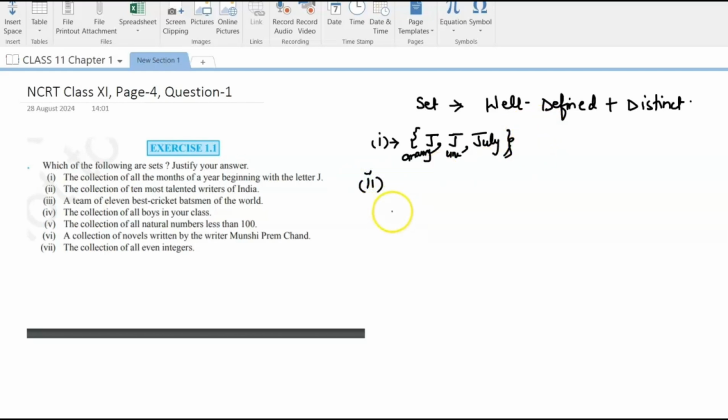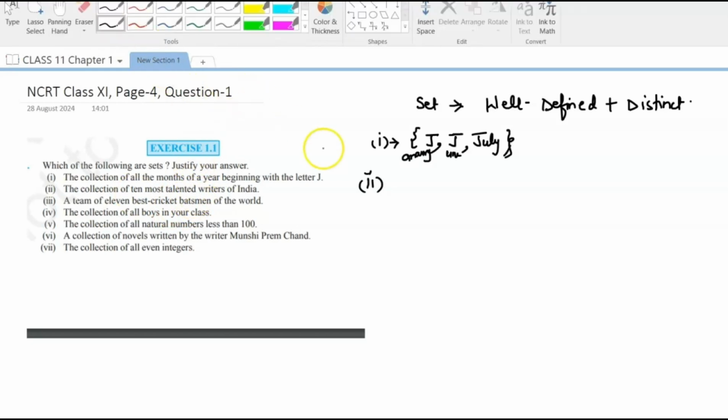The collection of 10 most talented writers of India. Okay, now the characteristic is what? 10 most talented writers of India. What do you think?